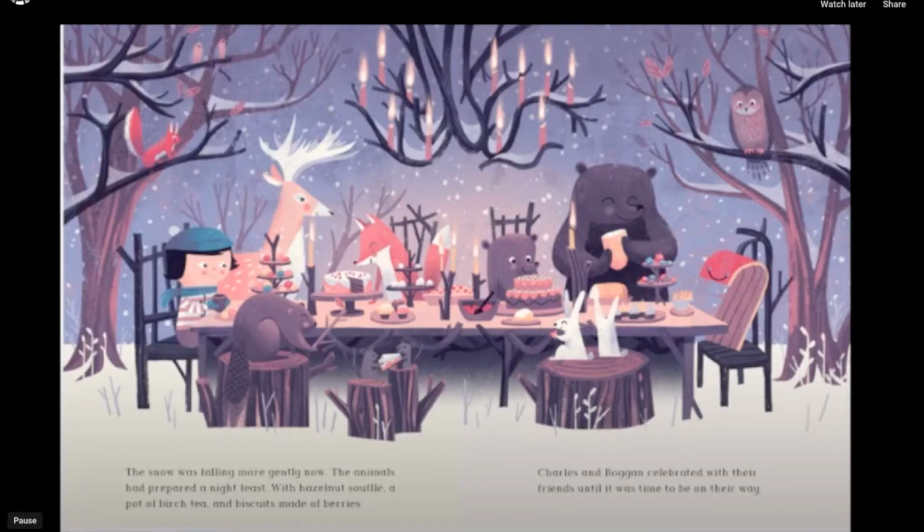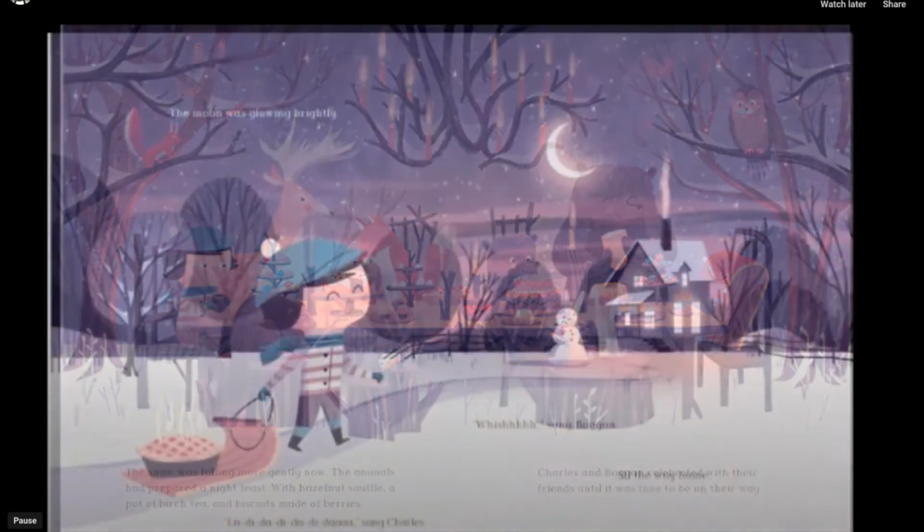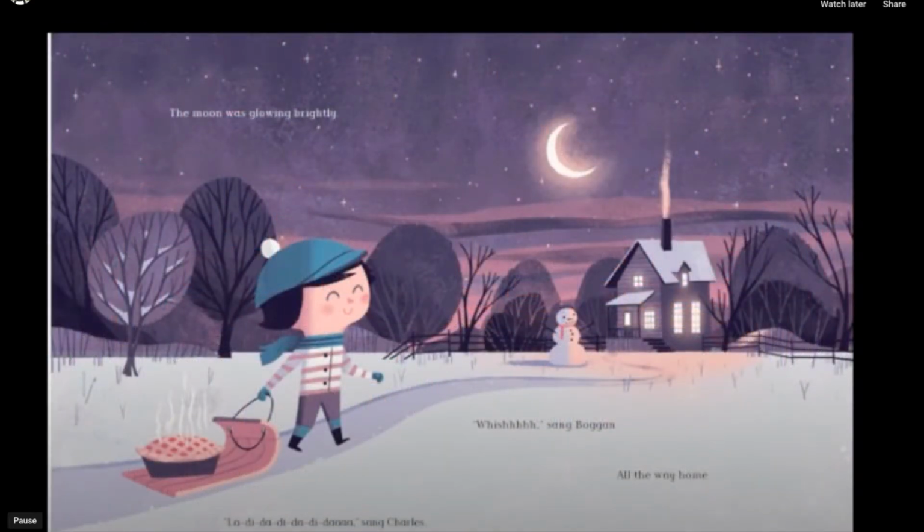Charles and Boggin celebrated with their friends until it was time to be on their way. The moon was glowing brightly. La-di-da-di-da-di-da, sang Charles. Wish, sang Boggin, all the way home.